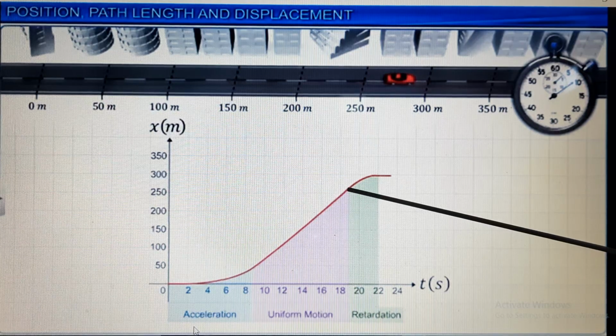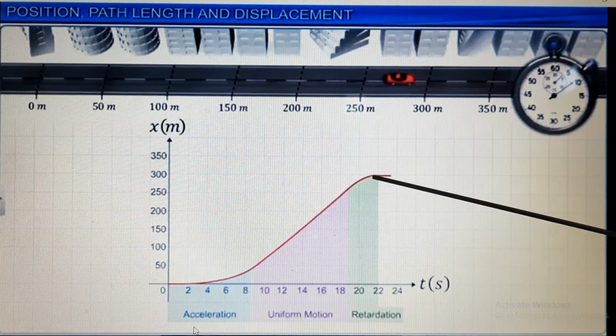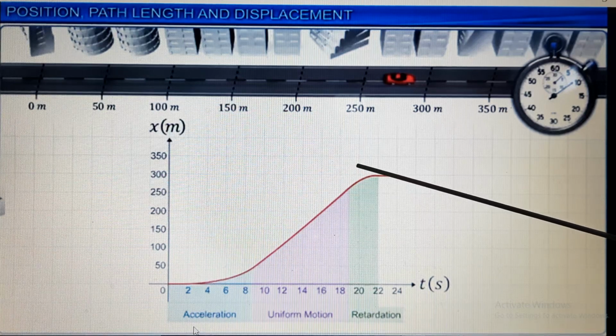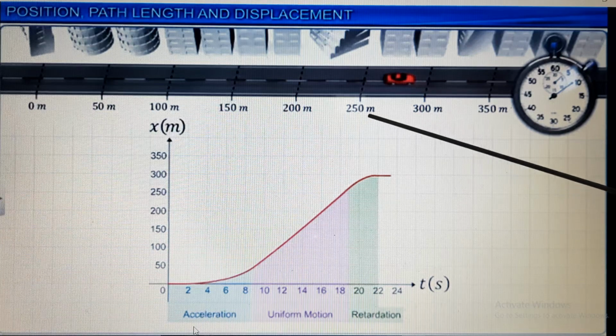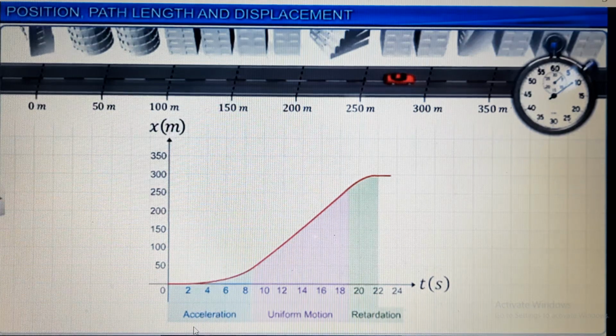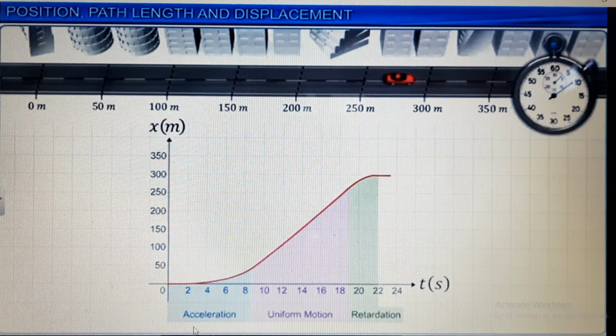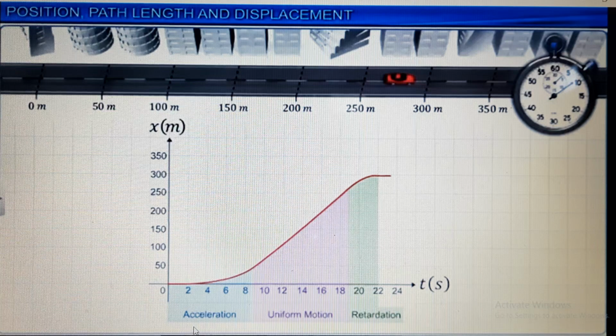After 18.5 to 22, its speed is decreased. So this is non-uniform motion of the object. Friends, today we learned about position, path length, displacement, uniform motion, and non-uniform motion.